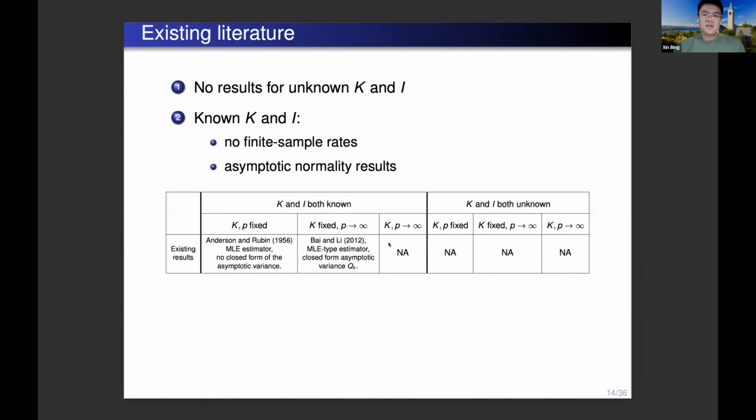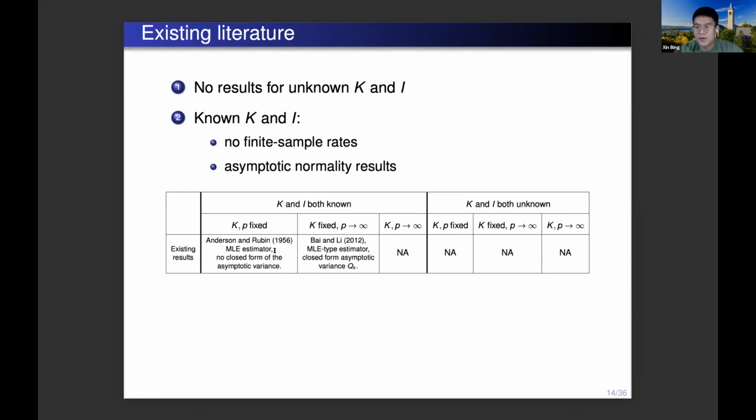So this is a quick review of the existing literature. If the number of latent factors K and the number of pure variables are not known, to the best of our knowledge, there is no work on making inference on beta. And when K and I are both known, Anderson and Rubin, as early as 1956, analyzed the MLE estimator.